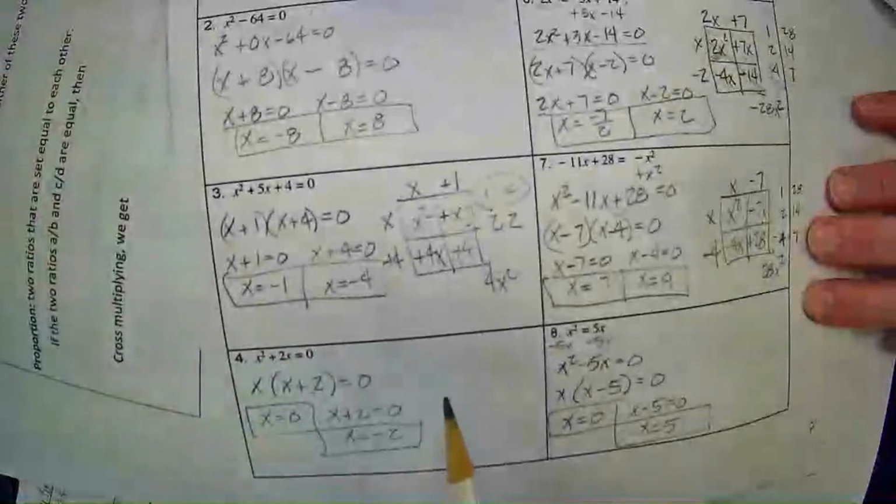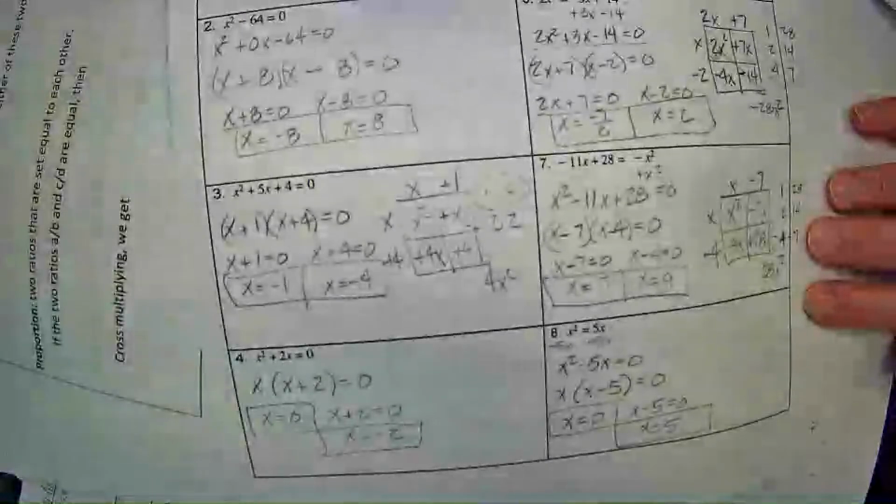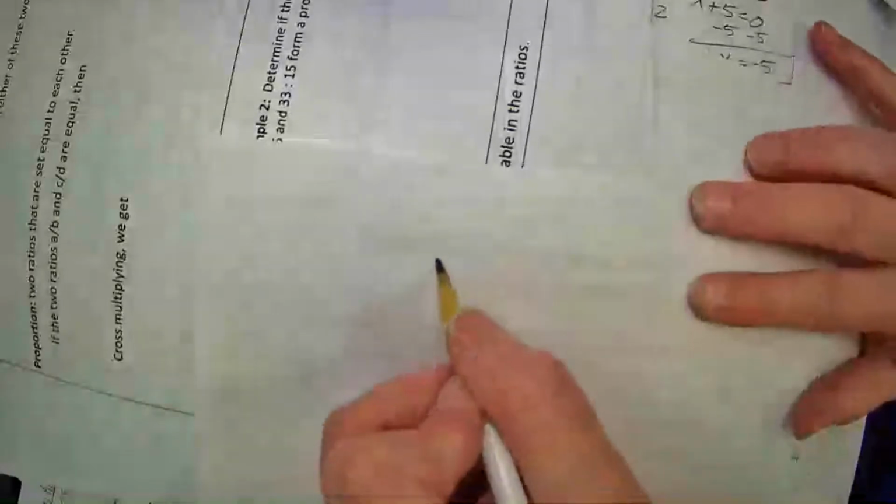Okay, so factoring to solve a quadratic is one method. Tomorrow we're going to start learning, I believe, the quadratic formula. Okay, so if you want a preview, you might want to write this down so that you have seen it before.